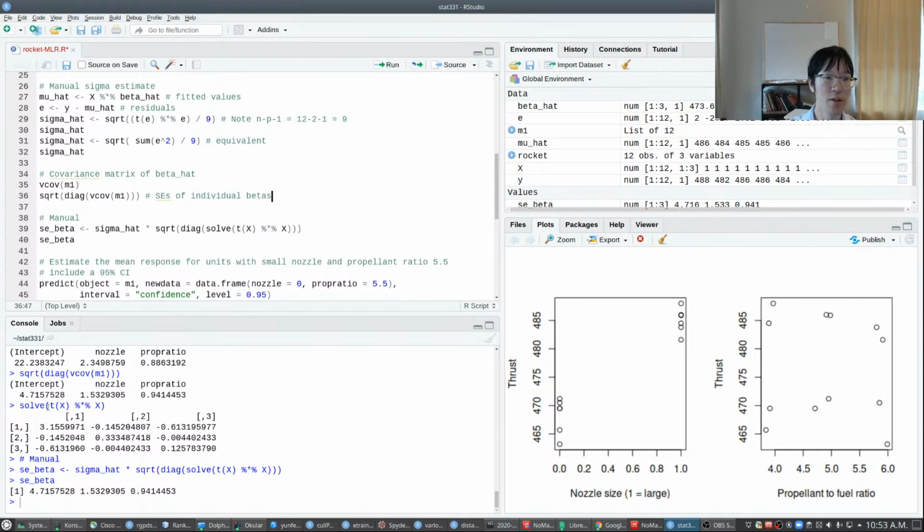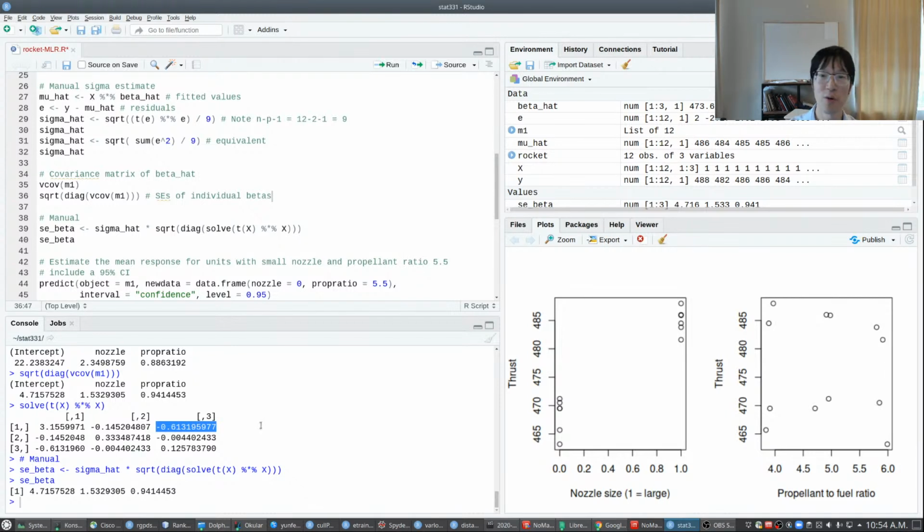In fact, this gives us the estimated covariance between them, minus 0.61. Now, we haven't used them directly yet, but I will show you an example today of why these covariance terms could also be useful in application.